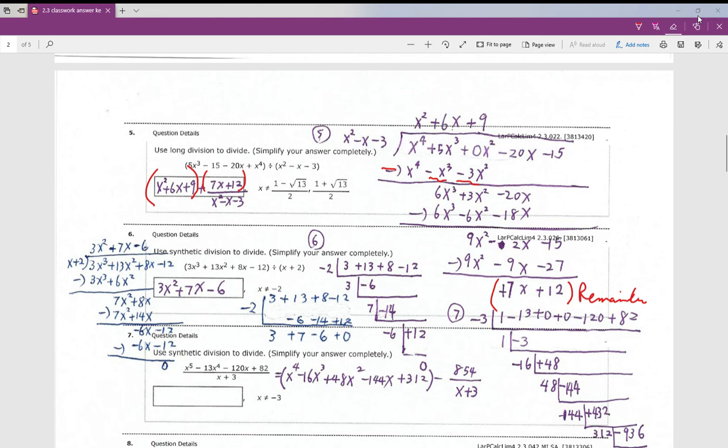Okay. So here we have 5x cubed minus 15 take away 20x plus x fourth.